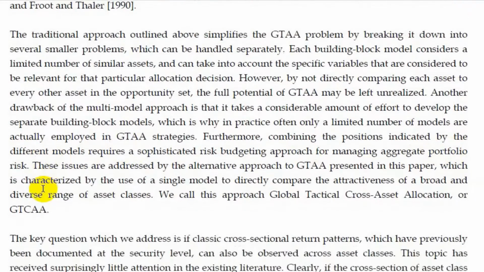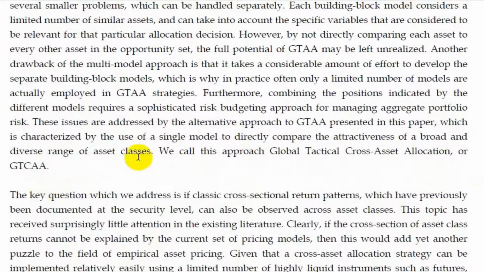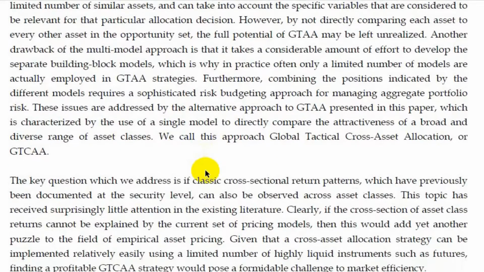And so in this paper, the authors are going to propose a new allocation approach that they dub the global tactical cross-asset allocation. And this model will be a single model. It won't be the building block approach that was discussed before.